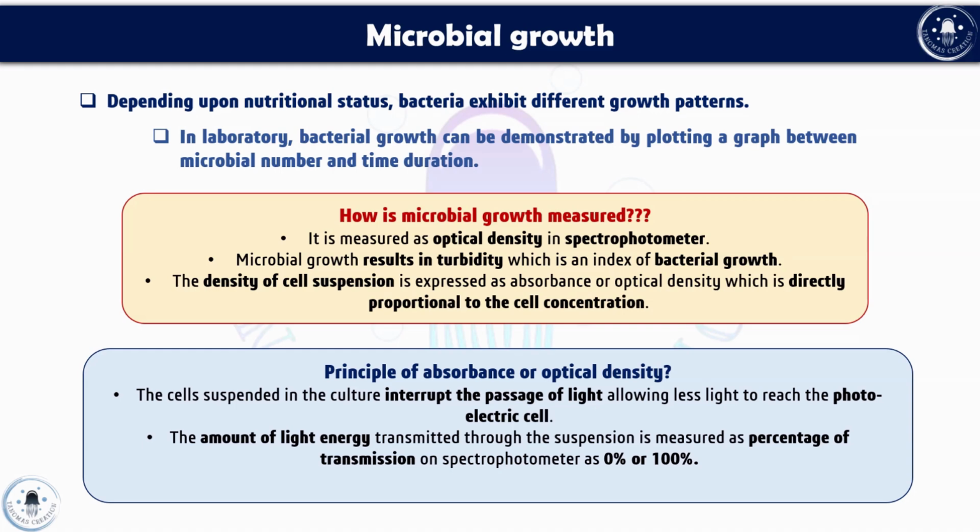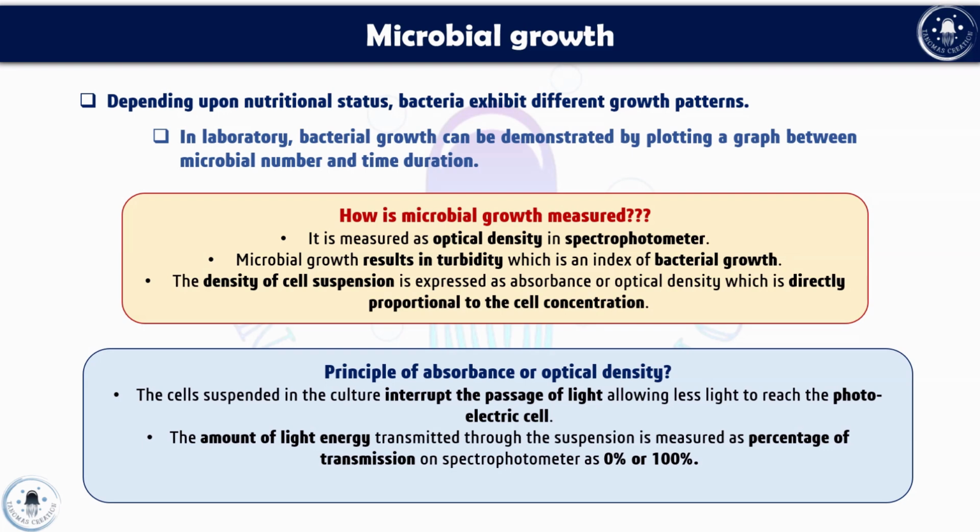You can do either. Okay, so if you measure transmission, then you have to set your blank to 0%, and if you are doing it with optical density, then you have to set your value to 0. Okay, so the amount of light from the cells that gets detected by the detector present in the spectrophotometer gives the value as optical density or transmission.